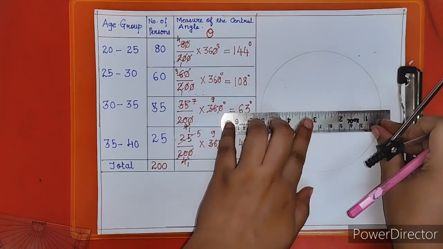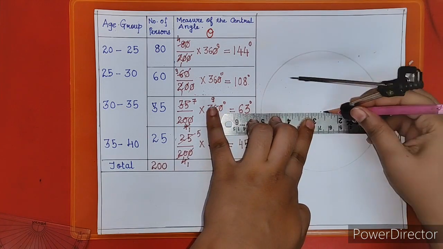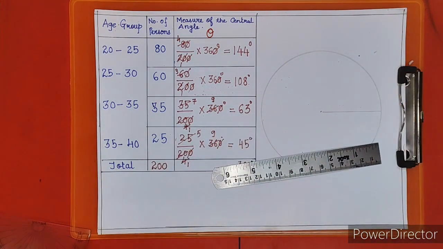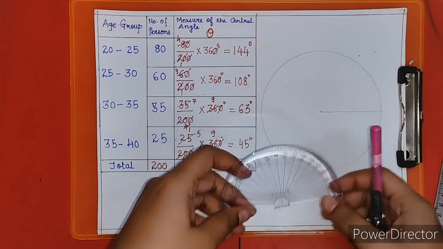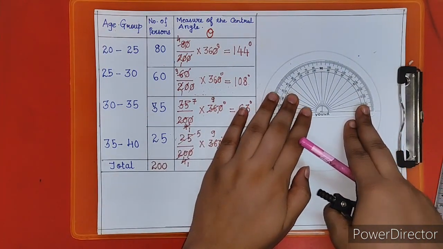Wherever you want in the circle, make one radius. Now we have to plot the angle with the help of a protractor. We'll place a protractor on the center of the circle properly.